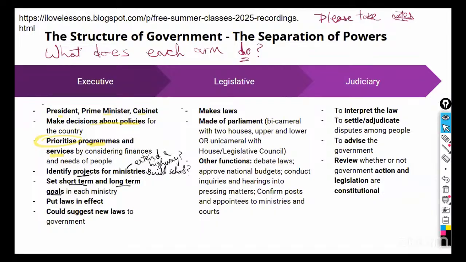All right. Put laws into effect, and suggest new laws to the government.